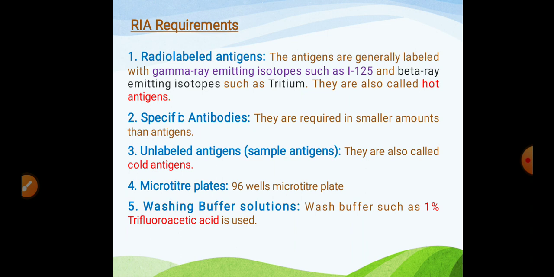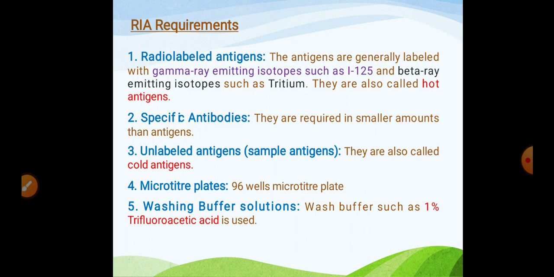It has certain requirements. One is radiolabeled antigens, called hot antigens. Generally a gamma ray emitting isotope such as I-125, or a beta ray emitting isotope such as tritium.